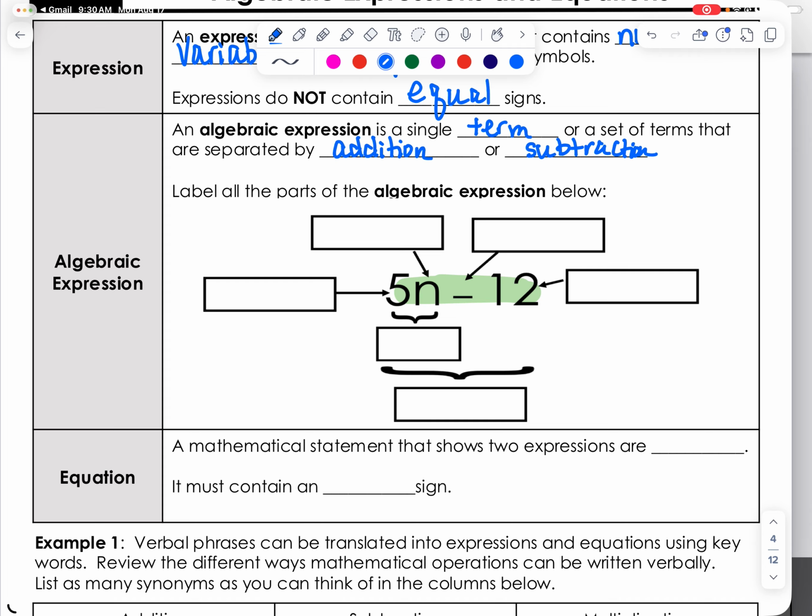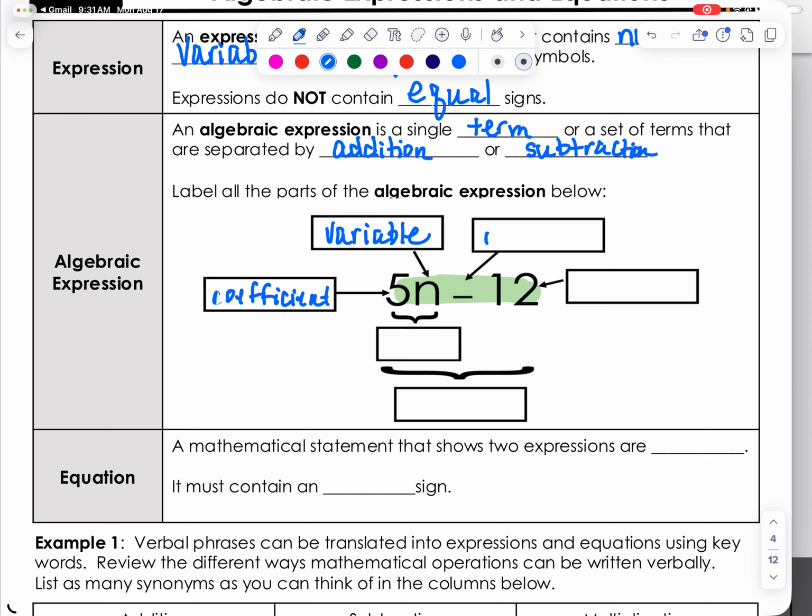The 5 is said to be the coefficient of the variable. In other words, it's the number that's multiplied by the variable. The n is called the variable. A variable is just a letter that stands in place of a number.